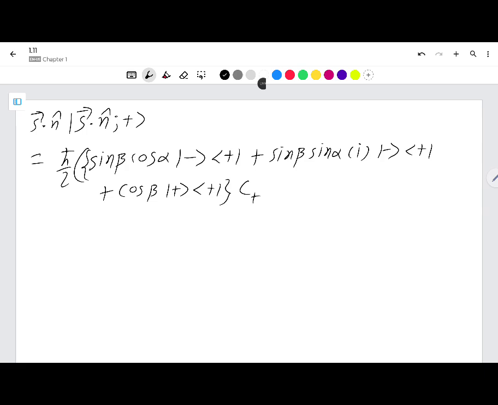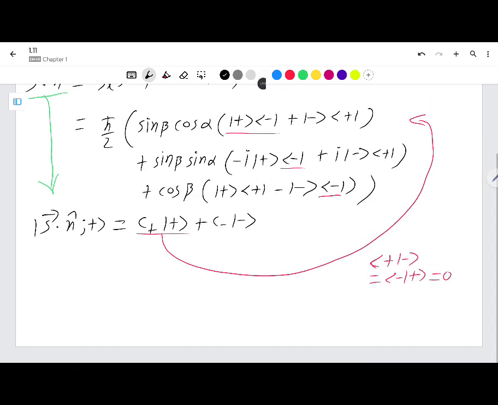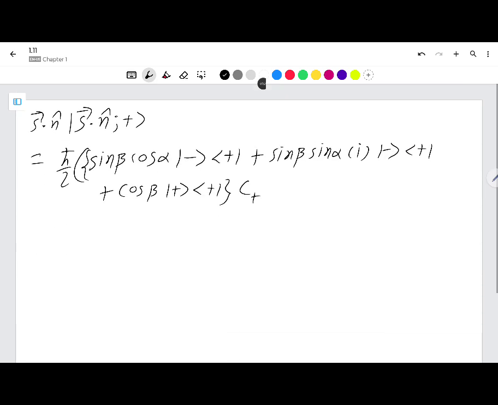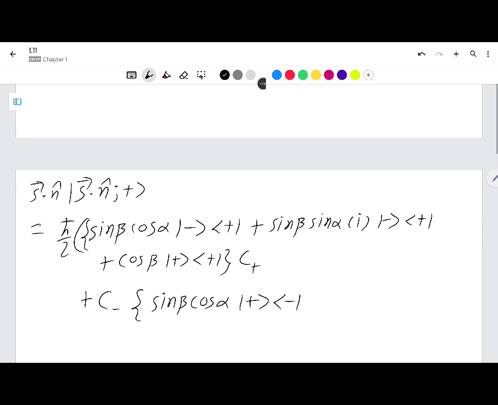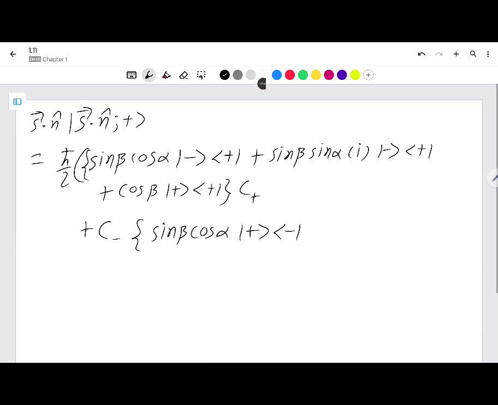In the next, the parts that will survive are c minus sin beta cos alpha, positive and negative, sign does not change.